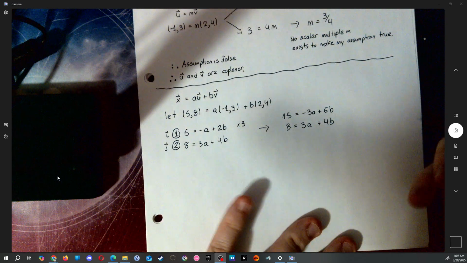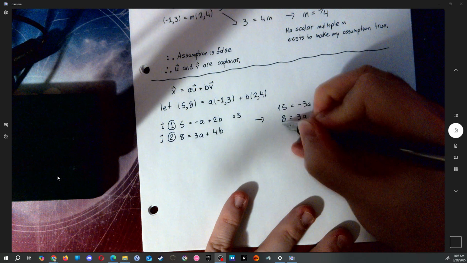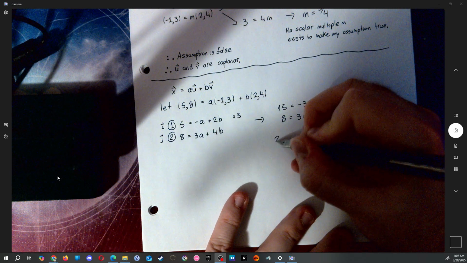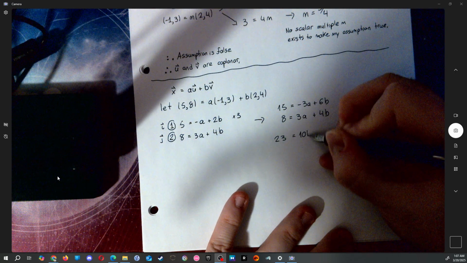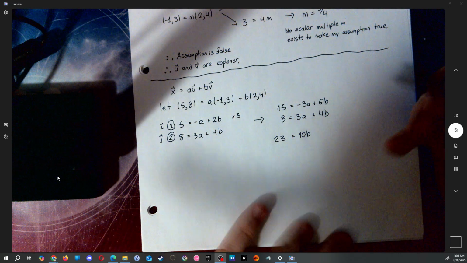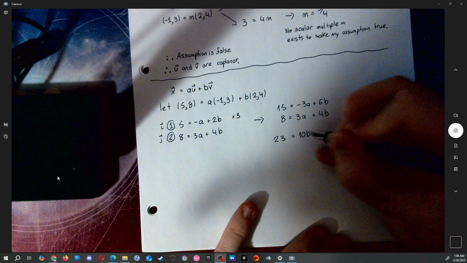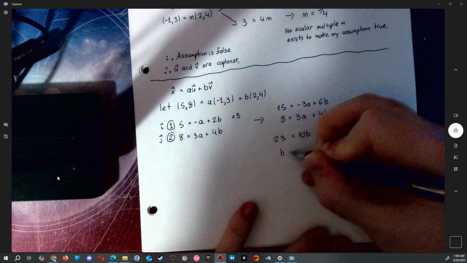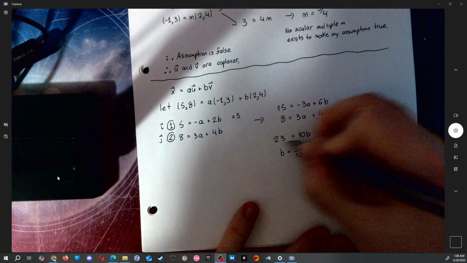Now, adding my two equations together, these by design have canceled out. 15 plus 8 is 23, and 6 plus 4 is 10. So, unfortunately, it's not going to simplify to just give us a simple integer, but the numbers aren't too ugly. So b will just be 23 over 10.